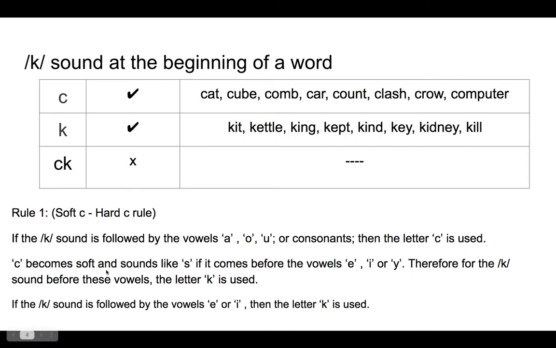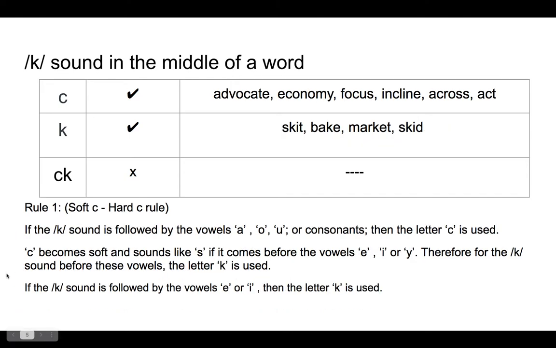C becomes soft and sounds like the letter S if it comes before the vowels E, I or sometimes Y. Therefore, for the k sound before these vowels, the letter K is used. That is, if the sound k is followed by the vowels E or I, then the letter K is used instead of C. The same rule applies when the k sound is in the middle of a word.